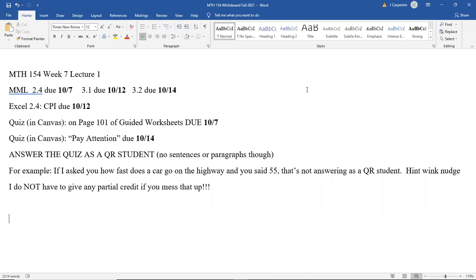So let's say you thought the answer was going to be 12 mice, and you say the answer is 12 mice. It's going to mark it wrong, even though 12 mice might be the right answer, because you wrote a sentence, and Canvas doesn't know all these predictions. I have to type in every single possible amalgamation and permutation of answers, so I'm not going to be doing that.